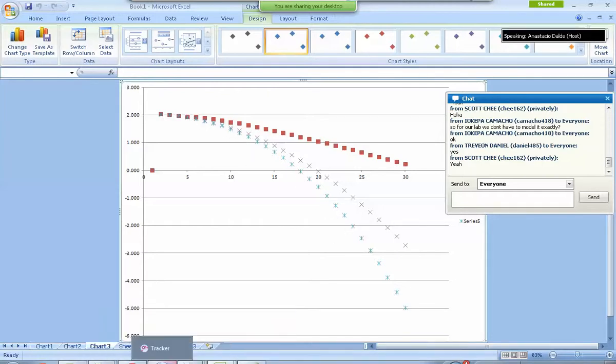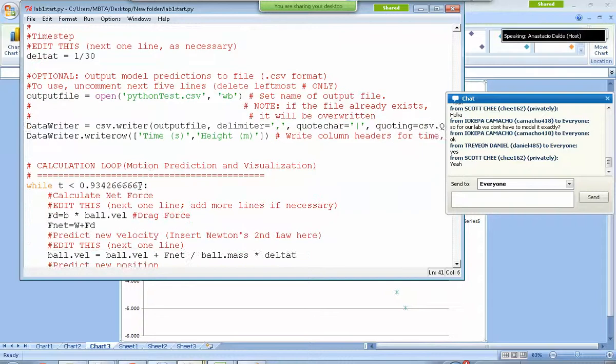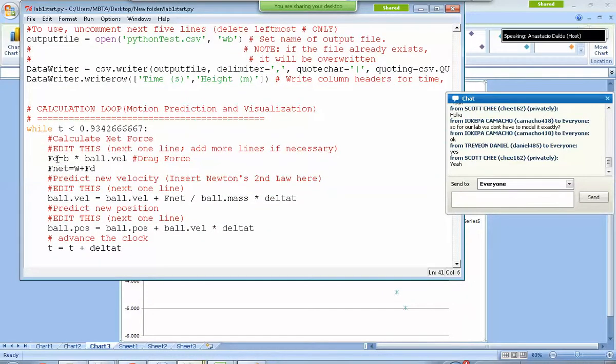The drag force is negative. Let's try that. The drag force is negative. All right, let's try that.